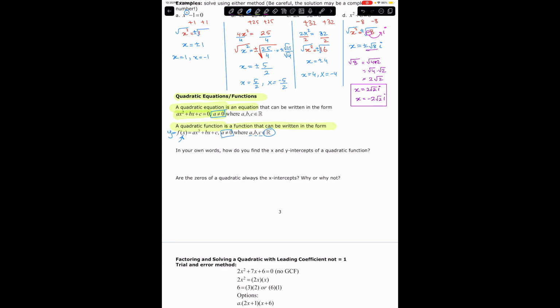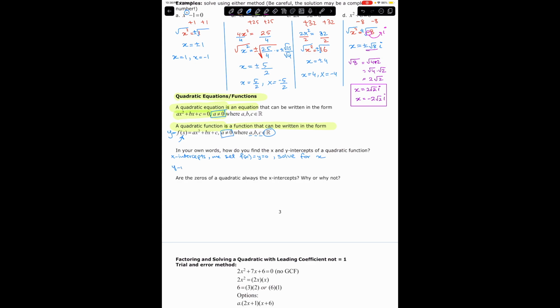To find the x-intercepts, we set f of x or y equal to 0 and then solve for x, which is going to give you two solutions. And we have been doing that the entire time, solving quadratic equations. We have been finding x-intercepts for quadratic functions, although we're not studying quadratic functions yet.